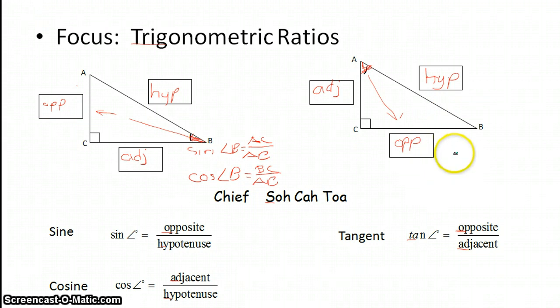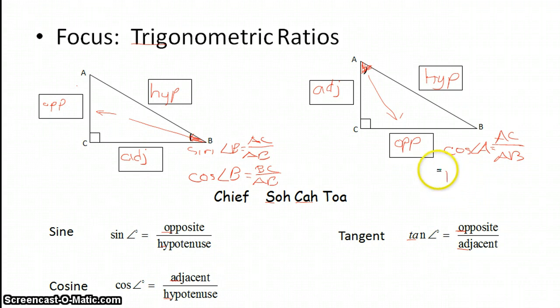So let's take the cosine of angle A. Go to your Chief SOHCAHTOA. Cosine, we're looking for adjacent over hypotenuse. In respect to angle A, the side adjacent would be side AC over hypotenuse, and hypotenuse is AB.